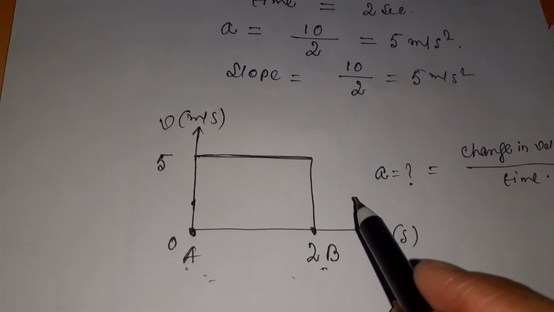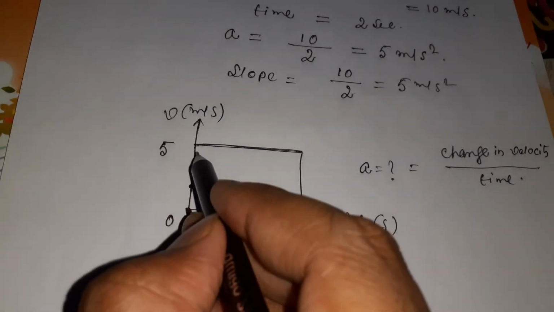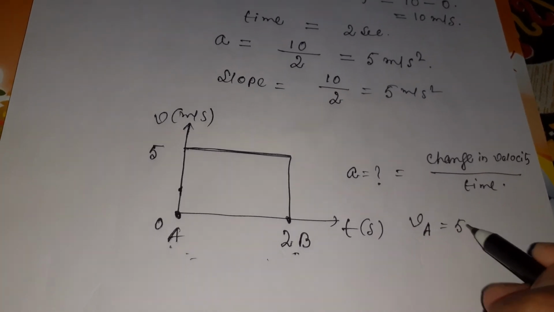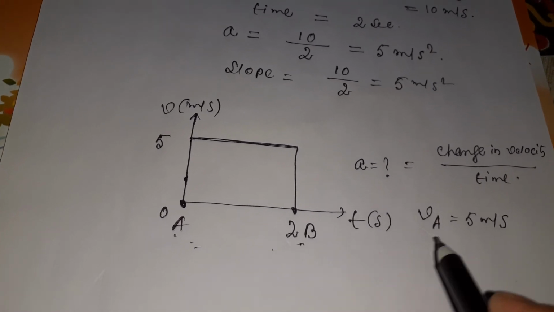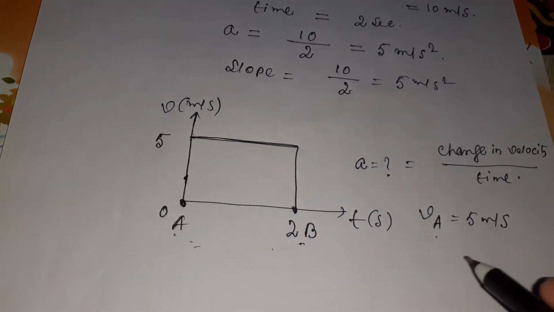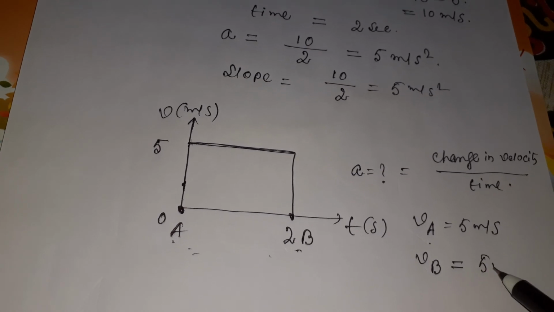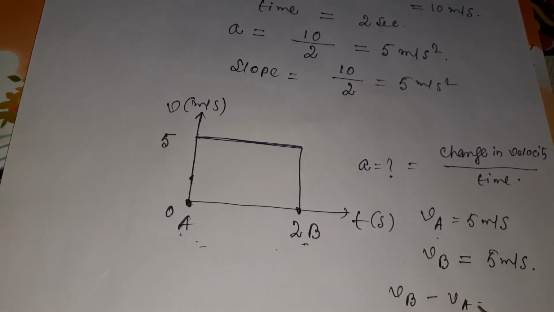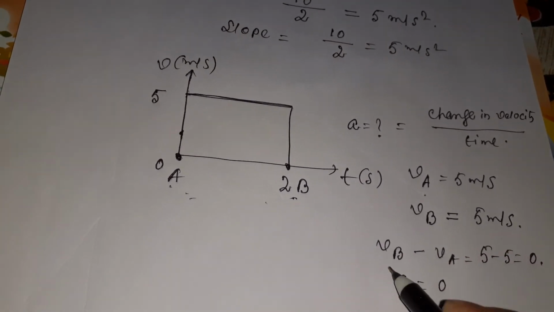Because at a point, suppose you consider va is equal to 5 meter per second, that means at a point the velocity is this one. And at point vb the velocity will be how much? Same again. So change in velocity means vb minus va, which is 5 minus 5, equal to 0. So acceleration will also be 0.